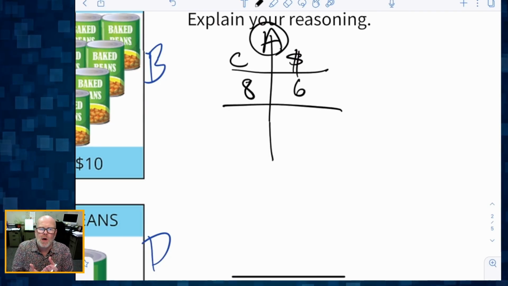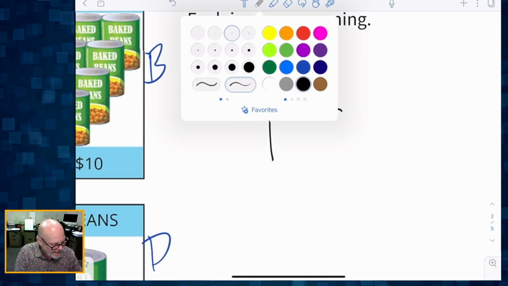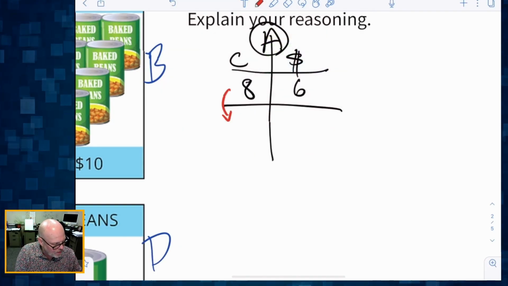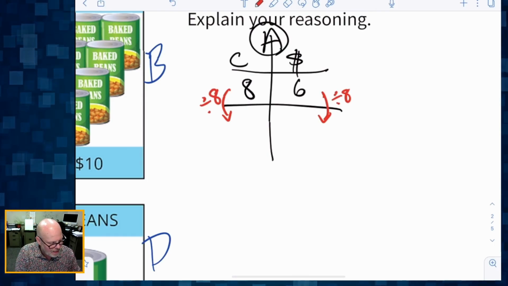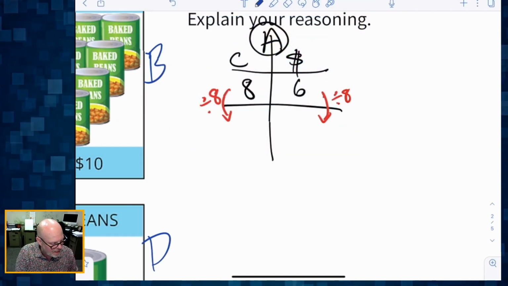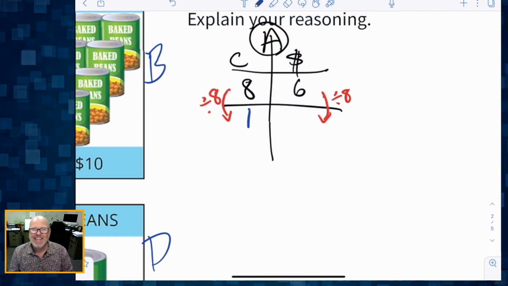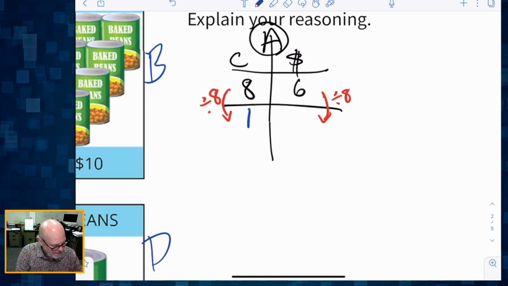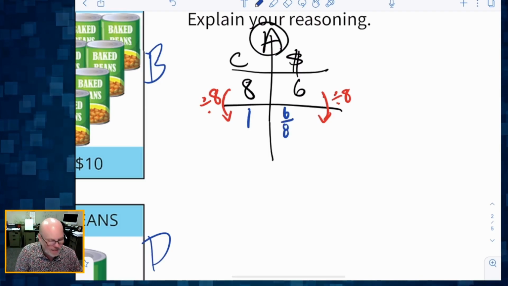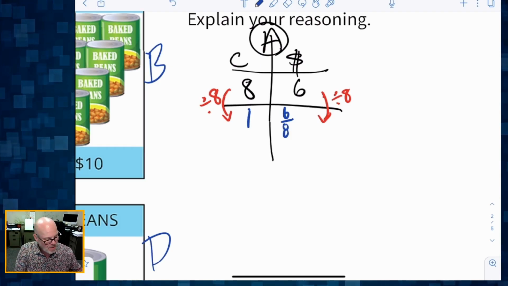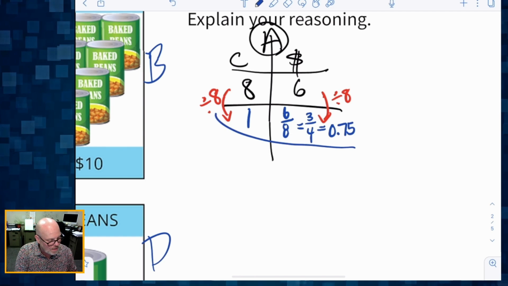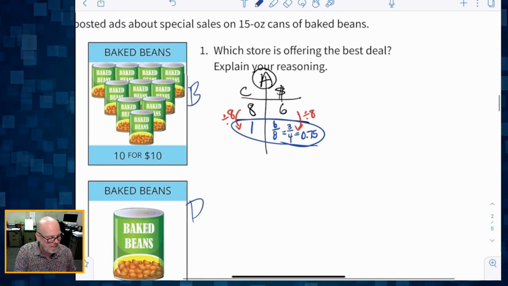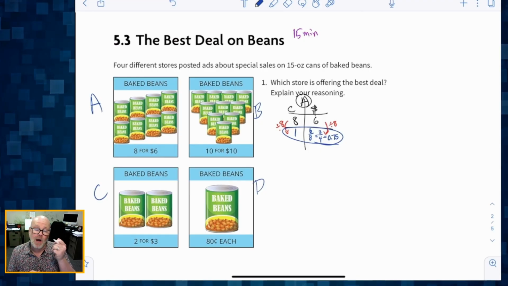So if I want to know how much is 1 can, I'm going to scale down by dividing by 8, because 8 divided by 8 gives me 1 can. 6 divided by 8 is 6/8, which happens to be 3/4, which happens to be 75 cents. So 1 can costs 75 cents for option A.